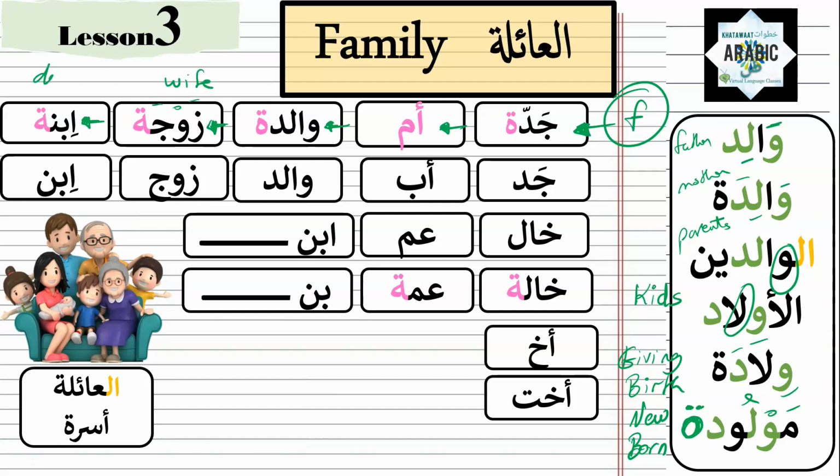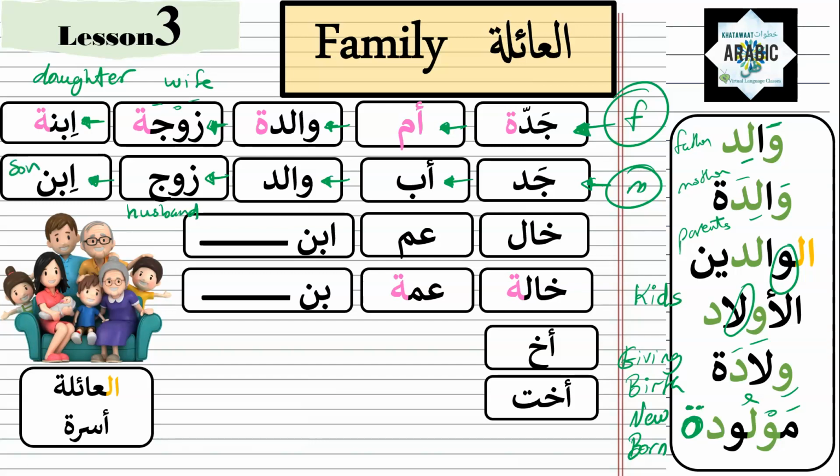And ibna, we learned it to be daughter. The masculine form over here is جد, grandfather. Then we have أب, dad. And then والد, father. زوج, husband. So look at the words as we are reading them and try to memorize at the same time.